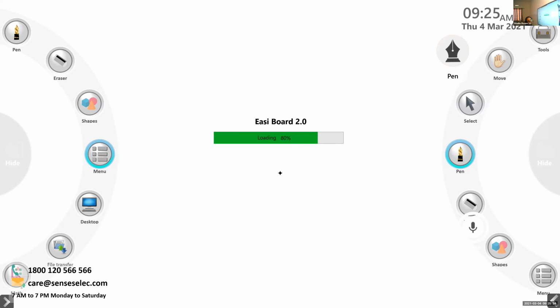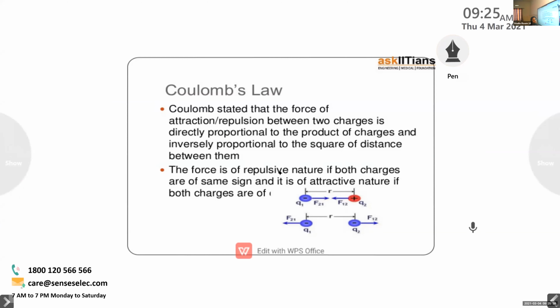The equation representing Coulomb's law is F is equal to 1 by 4 pi epsilon 0 Q1 Q2 by R square. Coulomb's law states that the force of attraction or repulsion between the two charges is directly proportional to the product of the charges, and it is inversely proportional to the square of the distance between them.